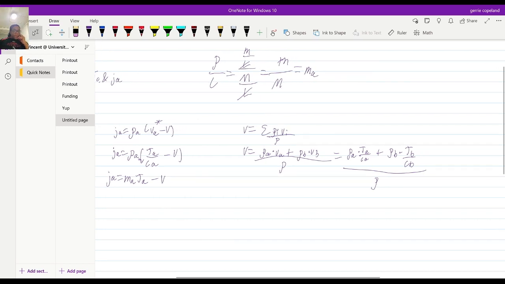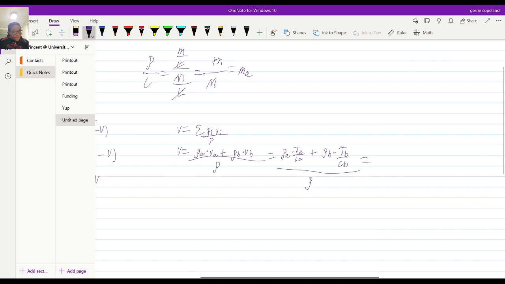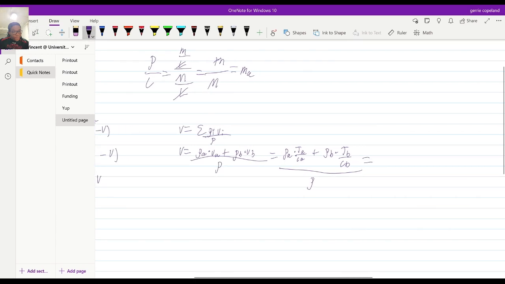We have a term here that we would like to get rid of. First of all, we'll simplify this a little bit more. As we know, the density over the concentration is going to equal the molecular weight.